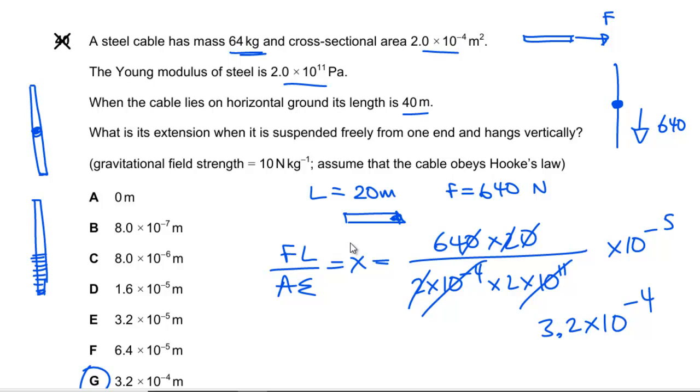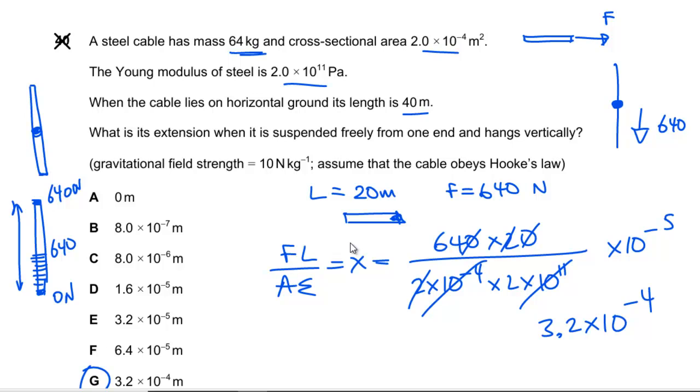If you're in the very bottom slice, there's nothing pulling it downwards. You're not getting any extension there. At the top, you've got the full effect of the 640 newtons pulling it downwards, so you're getting full extension at the top. In the middle, you're getting half. You're getting this sliding scale from top to bottom of 640 newtons down to 0 newtons at the bottom.